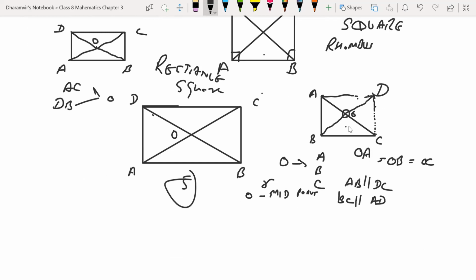Angle B plus angle C is equal to 180 degrees. ABC is a right angle, hence B is 90 degrees. So C is 90 degrees. C is 90 degrees, B is 90 degrees, and because D is opposite to B, it's also 90 degrees.